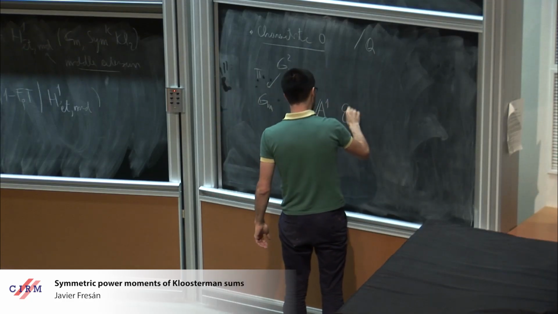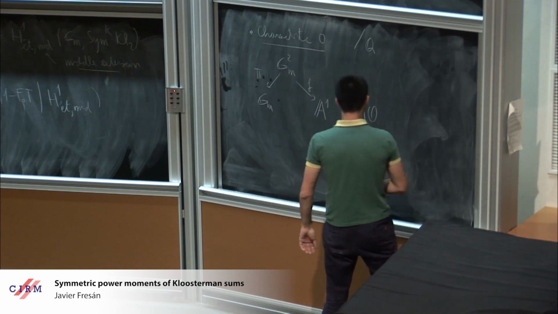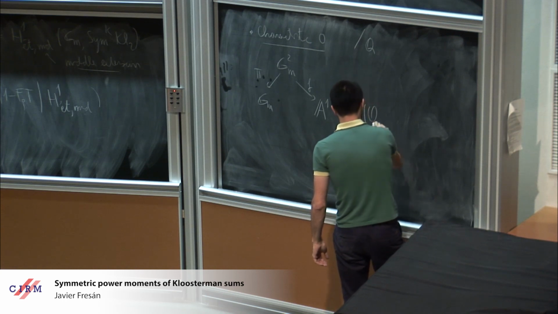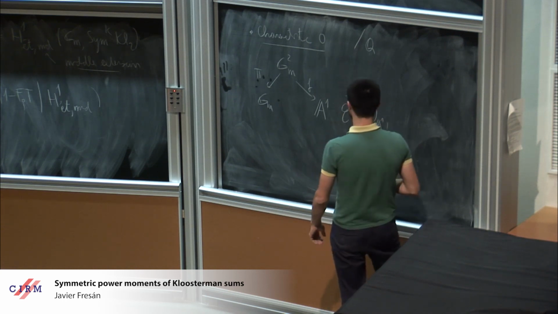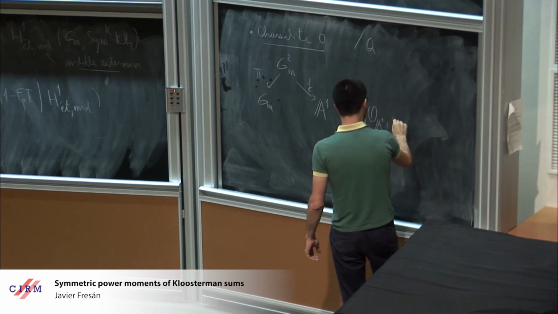So here I will consider exponential of x, which is the trivial rank 1 vector bundle on A^1 with the connection given by d minus dx.